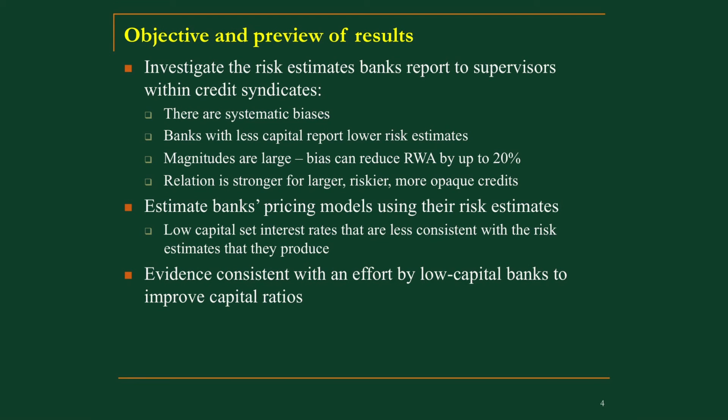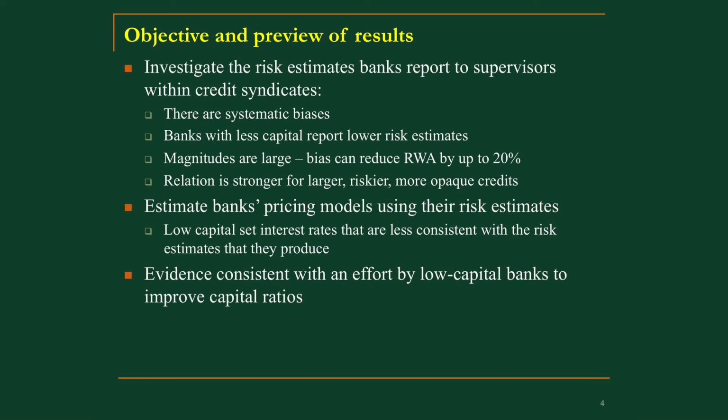One is that, well, there are systematic differences across banks. And by the way, these have already, within different settings, been documented. I think the key difference in what we do is a better way in terms of identification. But then we go a step further, which is, well, it's not only that there are differences, but banks with less capital are the ones who are reporting lower risk metrics.